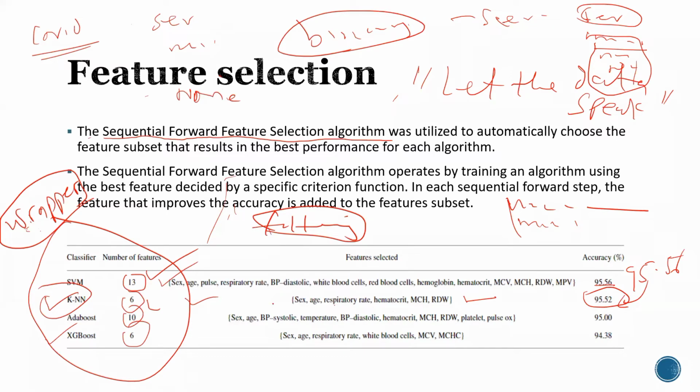So this one identifies 6, and even this that identifies 6, you can see that the 6 is different. This one is having hematocrit, this one is not having it. So even the ones that identify 6, there are different combinations. So this is an example of wrapper.